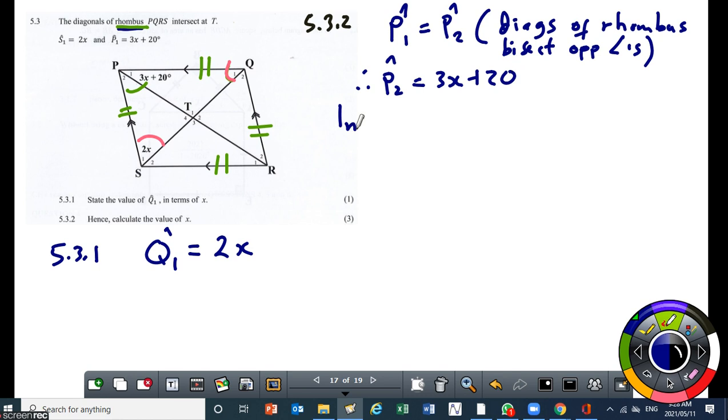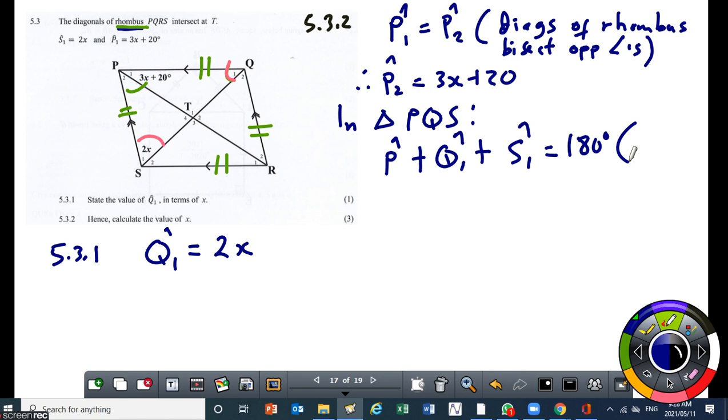So I'll say in triangle PQS, angle P, which is equal to P1 plus P2, plus angle Q1 plus angle S1, they add up to 180. Sir? Hello? Sir? Yes? Okay. Q1 is not equal. Sorry? Q1 is supposed to be equal to this.